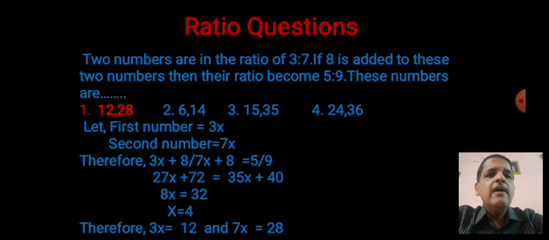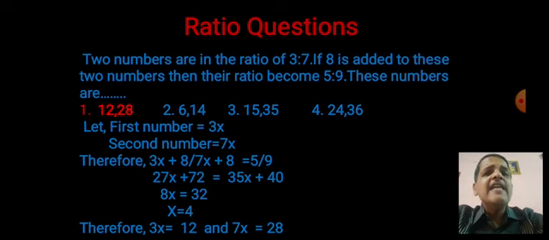Now see. All of us know from school days in mathematics, if you do not know something, we take it as x. So what will be the first number? First see the ratio, 3:7. So the first number is 3x, the second number is 7x.